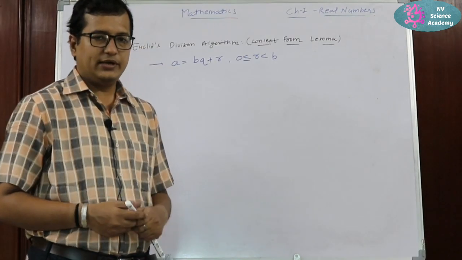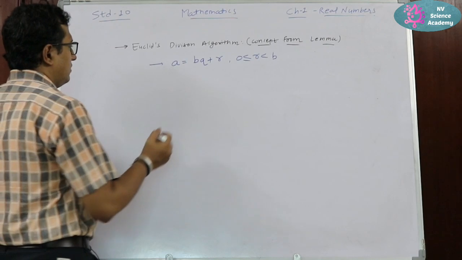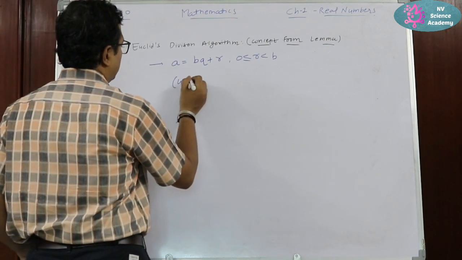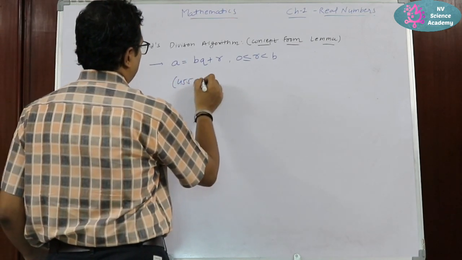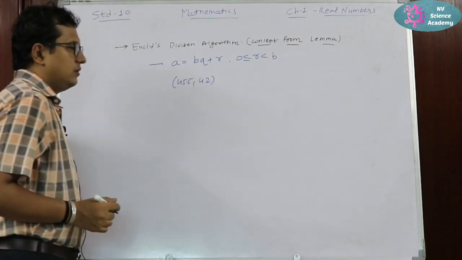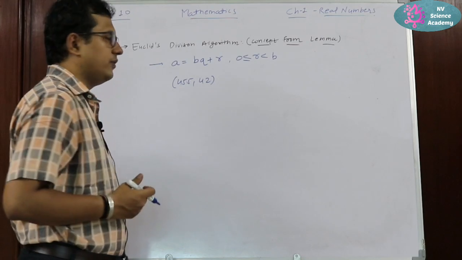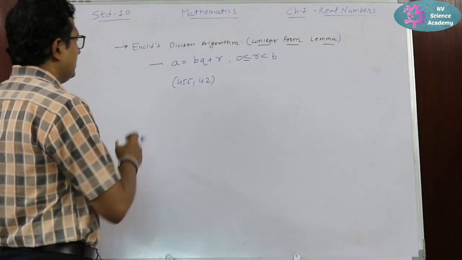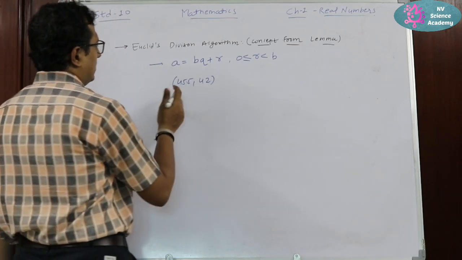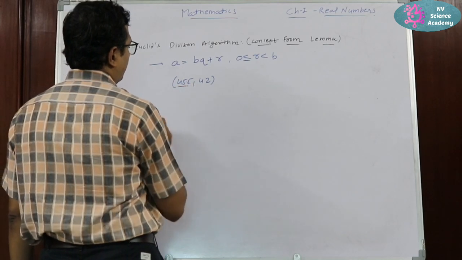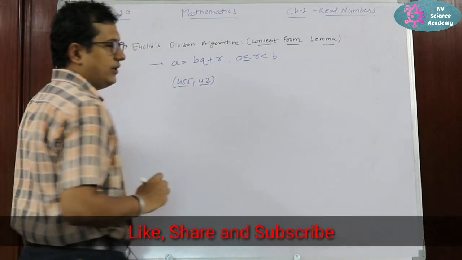Now let us take one example. I have two numbers, 455 and 42. How are we going to find the HCF of 455 and 42? I will apply this equation here, where a is 455 and b is 42.